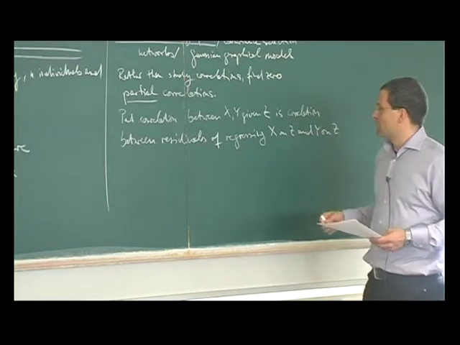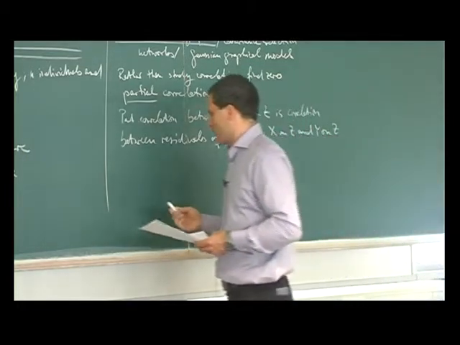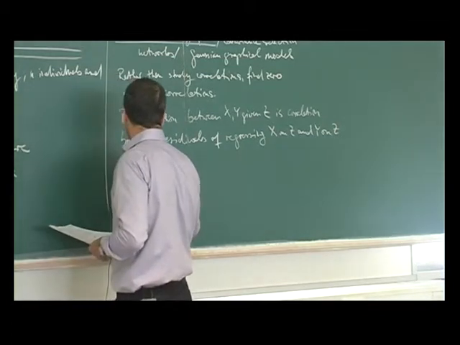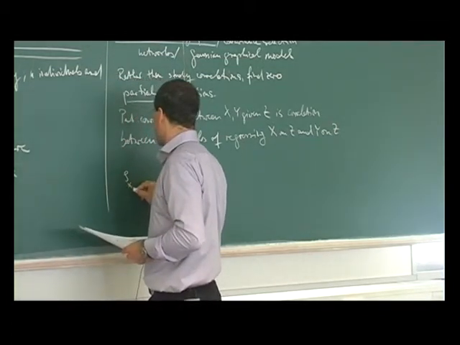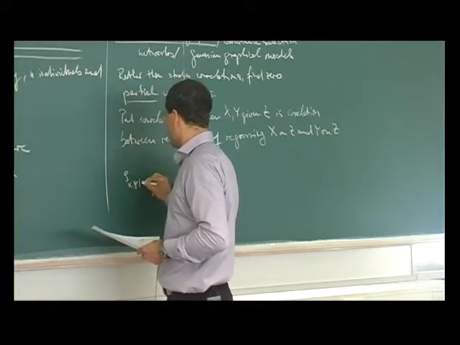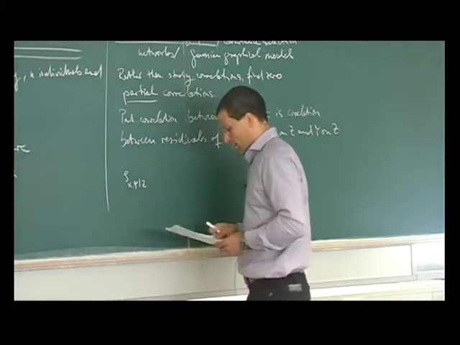We then find a partial correlation coefficient, which can be written as rho between x and y given z.